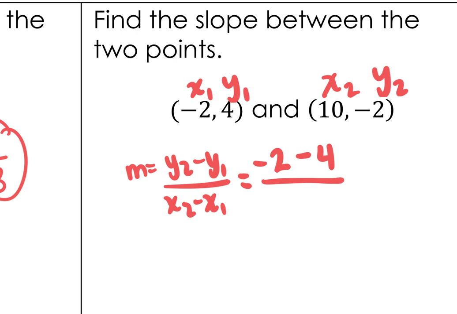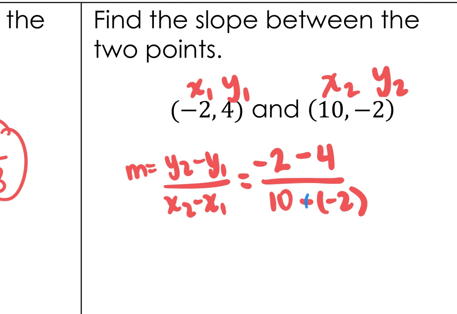x2, which is 10, minus, now be careful here, because x1 is a -2. So I have to minus a -2. That minus sign doesn't act as the negative. We have to minus a negative. And what happens mathematically when we minus a negative? It becomes a plus, right?